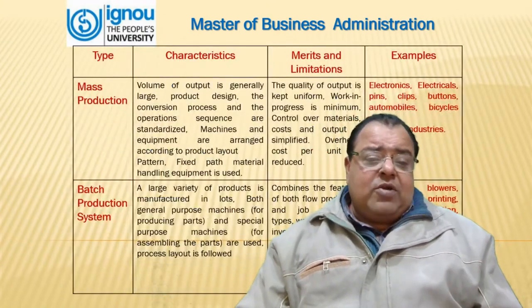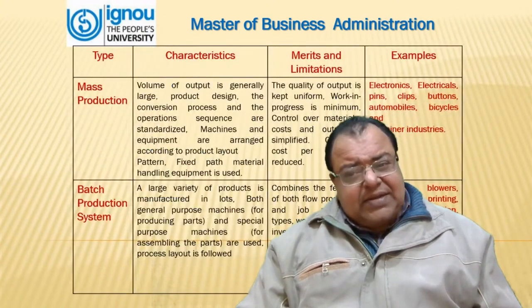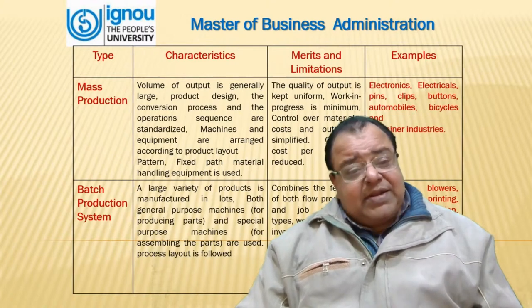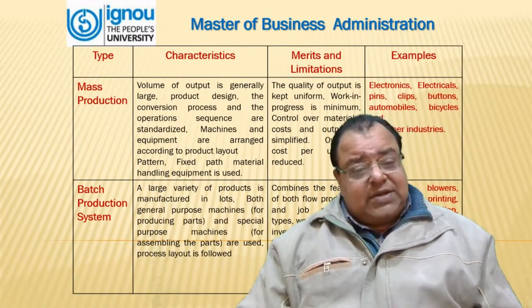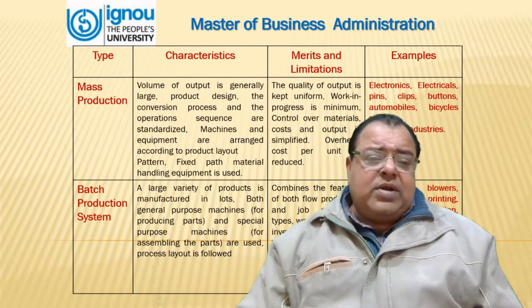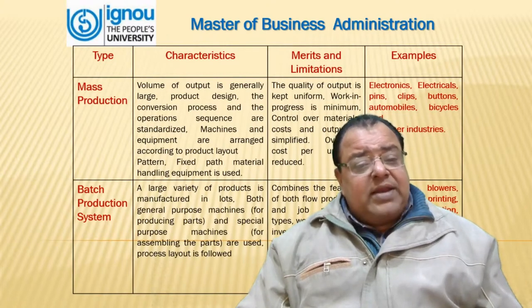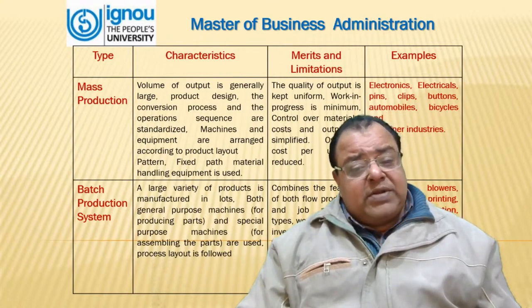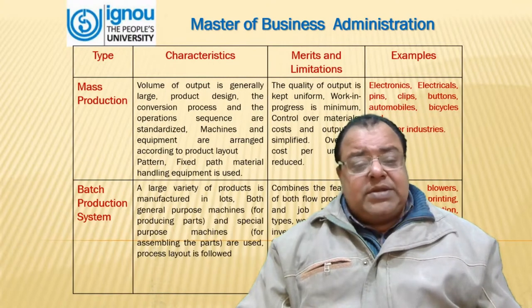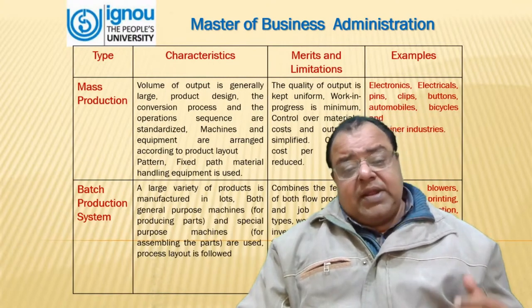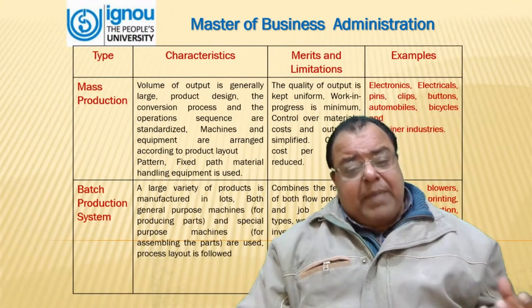Now we can see what are the different characteristics, merits, and limitations of all these production systems. If we talk about characteristics of mass production, volume of output is generally large. Product design, the conversion process and the operation sequence are standardized. Machines and equipment are arranged in a layout pattern.